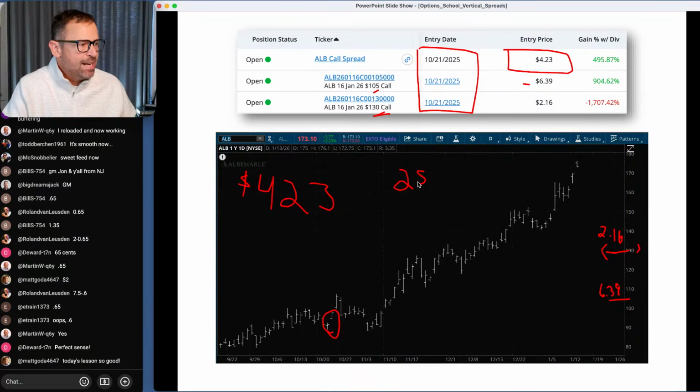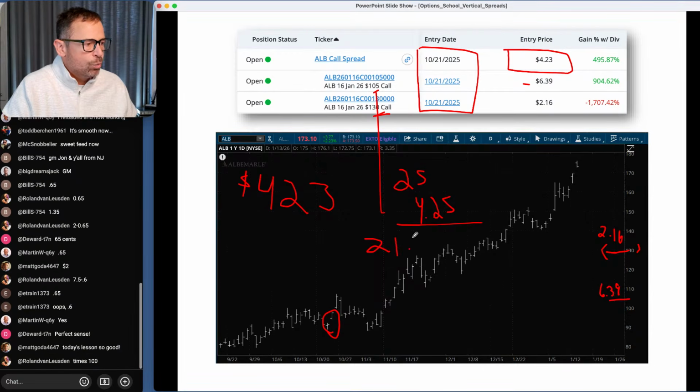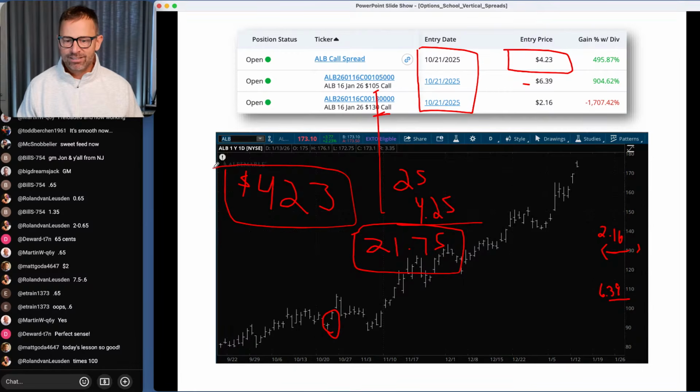Well, if we can make $25, we've already risked $425 for easier math. So that gets subtracted. And then if we hold this until expiration, we're going to make $21.75. We're going to make $2,175 for every $400 that we risked.